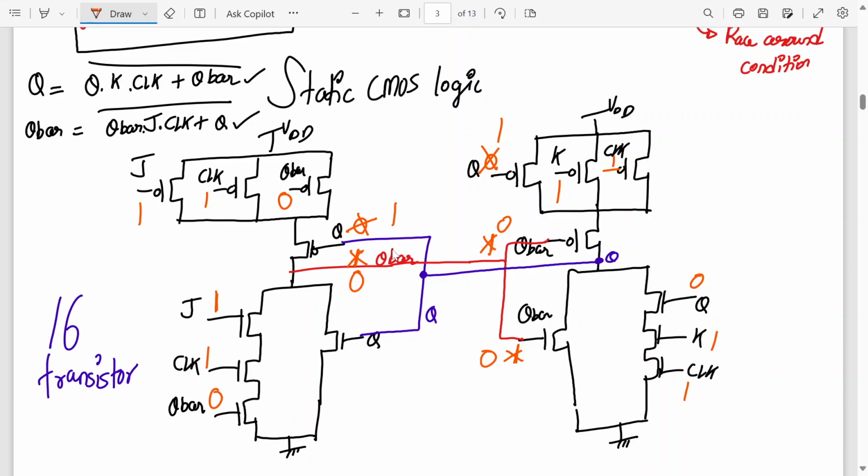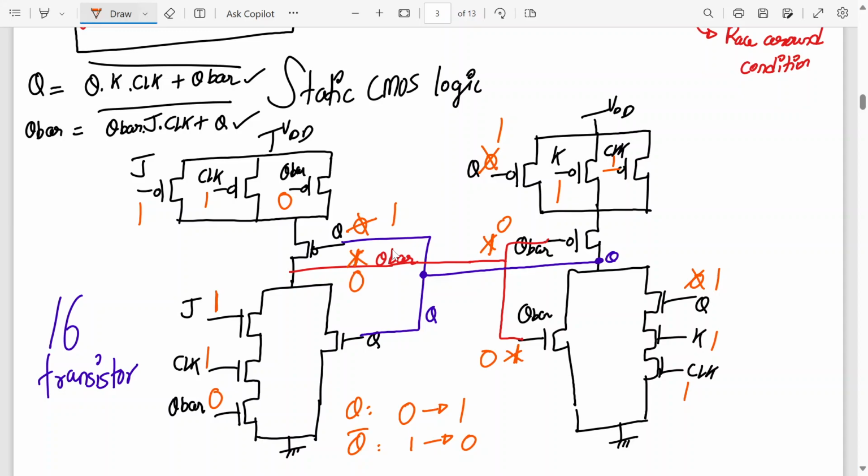So there is a change of state. Q becomes from 0 to 1, and for Q bar it is from 1 to 0. Now unless you change any one of the inputs, it will remain in the state, correct?